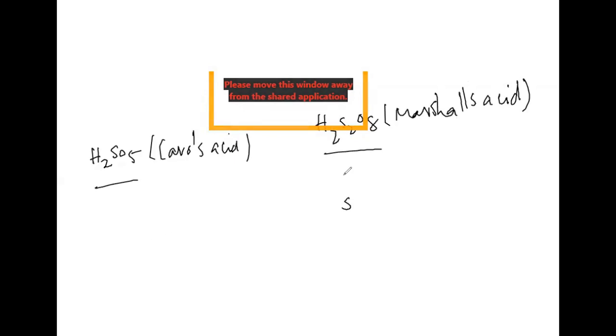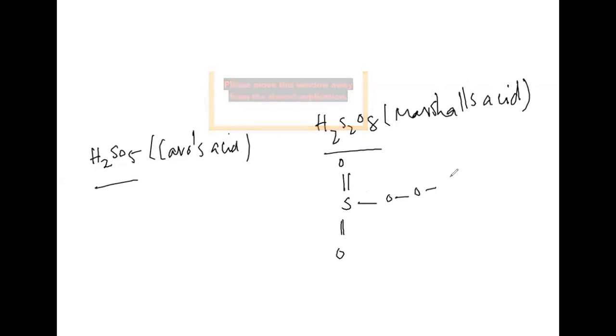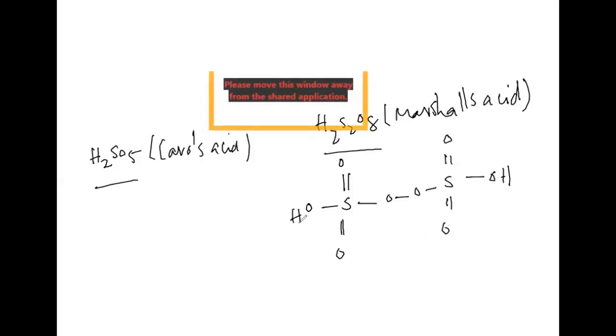How can we write the structure? S double bond O like this, O single bond O, S double bond O, S double bond O, OH and OH we can take. What is this? Peroxydisulfuric acid. Here you can see one hydrogen, two hydrogens over, two sulfurs here, and the remaining oxygens, 1, 2, 3, 4, 5, 6, 7, 8 you can take.